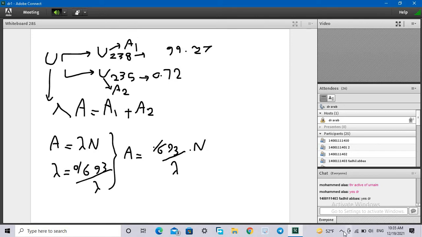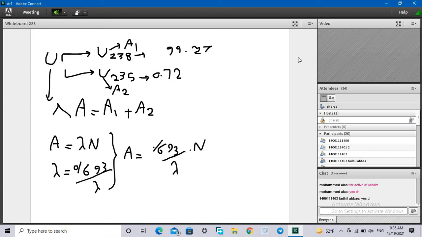Okay, and the other point that we should know is that 1 mole of uranium has a mass of about 238 grams and contains 6.022 multiplied by 10 to the 23 atoms.